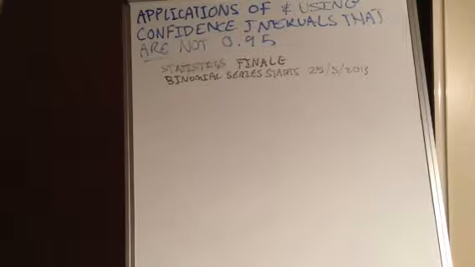So, applications of and using confidence intervals that are not 0.95. Well, I do want to start the video by giving an example that looks at a 95% confidence interval, but it looks at something we haven't looked at over the last few videos, and that's making a claim that the likelihood of some value being the mean will be less than a certain percentage.